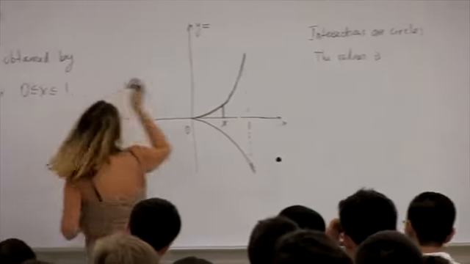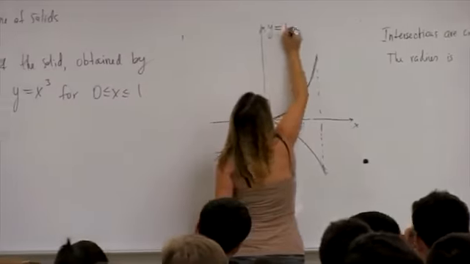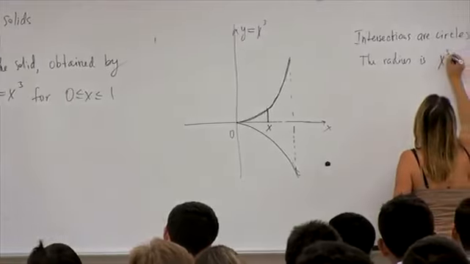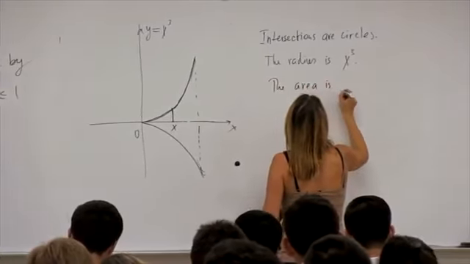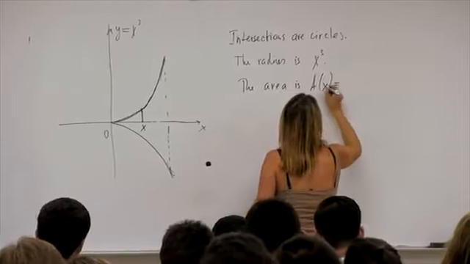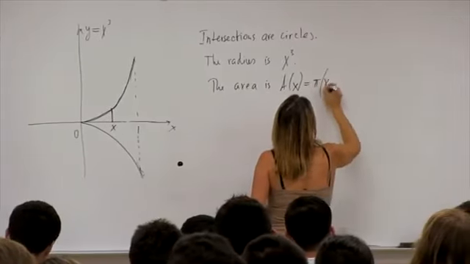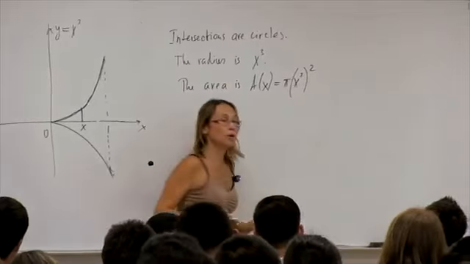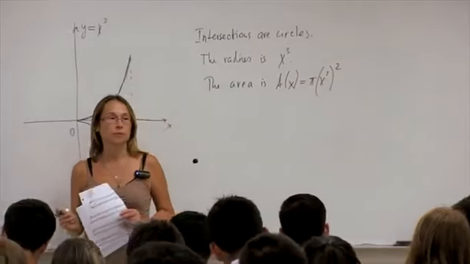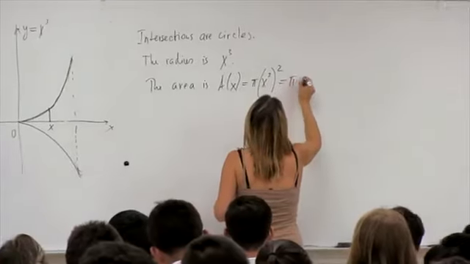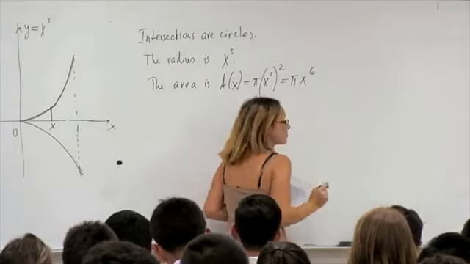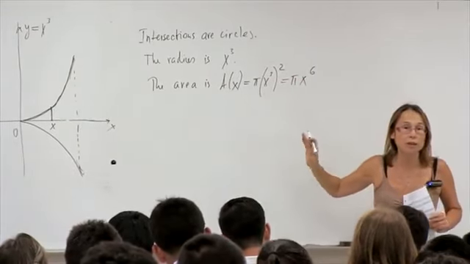Y is x cubed. So the radius is just given by the function at this point, right? The radius is x cubed. The area is A of x equals pi times x cubed squared, because it's a circle. So it's pi x to the 6. And I'm done with the hardest part.